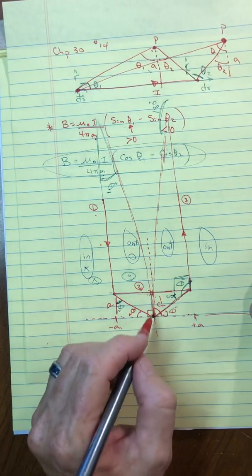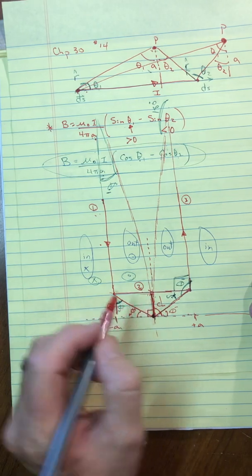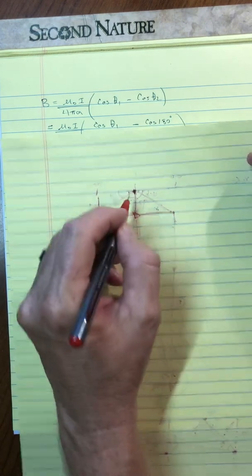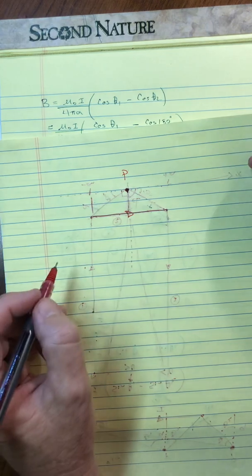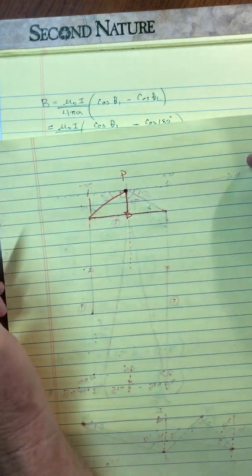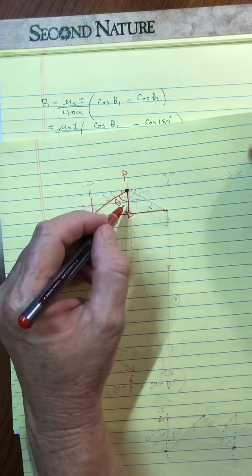So maybe the best way to look at this, and if I draw a little thicker here, it'll bleed through, and I'll turn it over. Because now the current is going across here, left to right. The point P is above it, and the theta 1 would be a line drawn to the beginning of the current. And so that would be the theta 1.